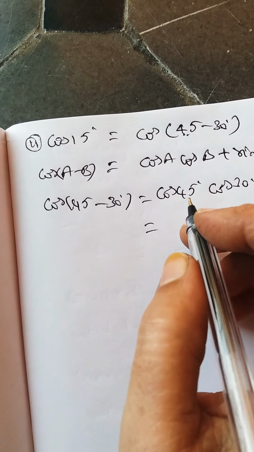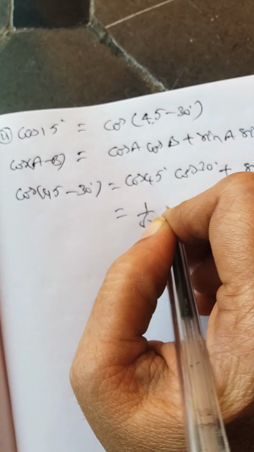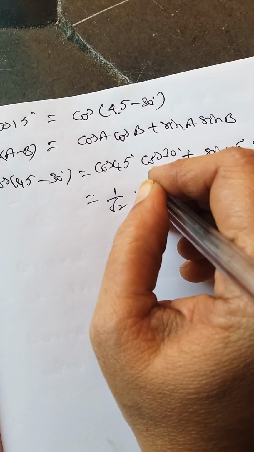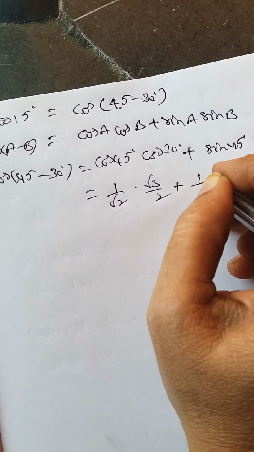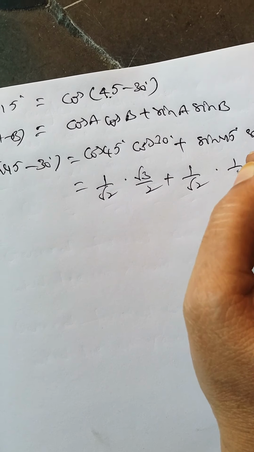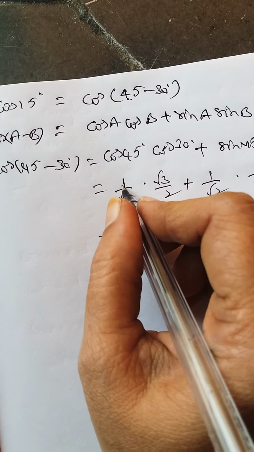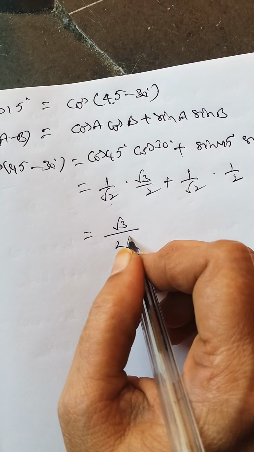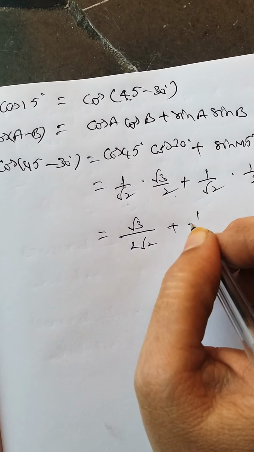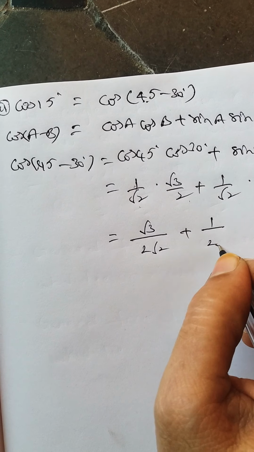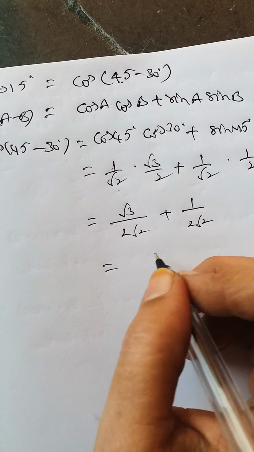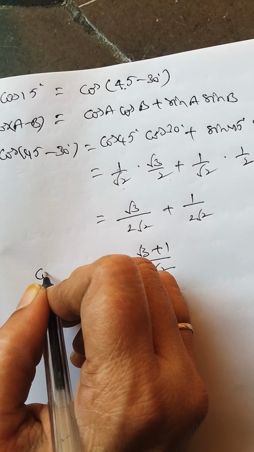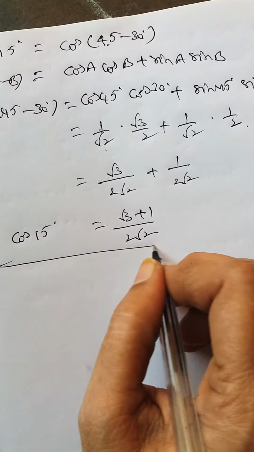Cos 45 degrees is 1 by root 2 into cos 30 degrees is root 3 by 2, plus sin 45 is 1 by root 2, sin 30 is 1 by 2. By simplifying numerators, 1 into root 3 divided by root 2 into 2 root 2, plus 1 ones are 1 by 2 into root 2 is 2 root 2. These are like fractions, so we get root 3 plus 1 by 2 root 2. So this is the value of cos 15 degrees.